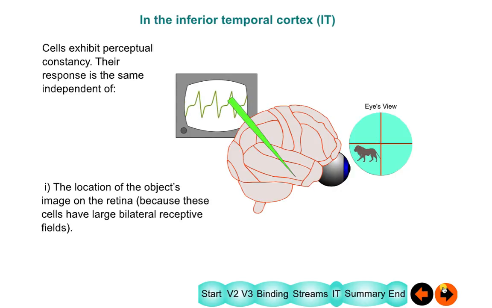We saw, and this is important, we saw that in V1 you just have the contralateral visual field, okay? But here the two sides come together and you can see the whole thing.